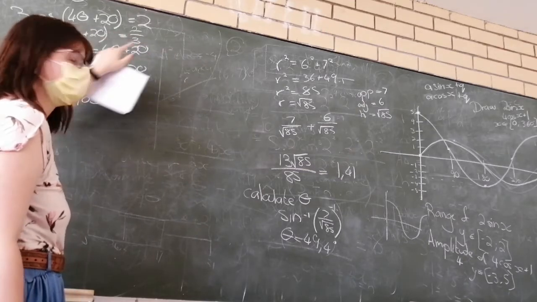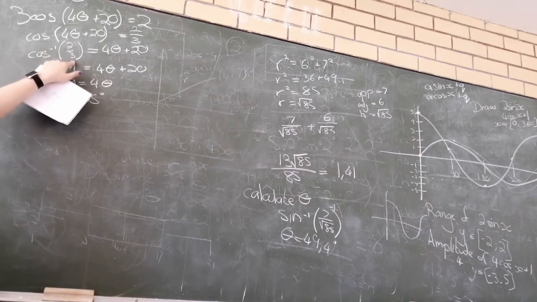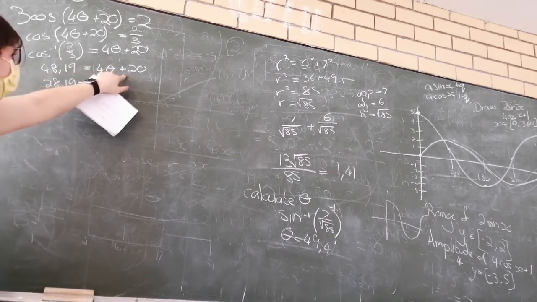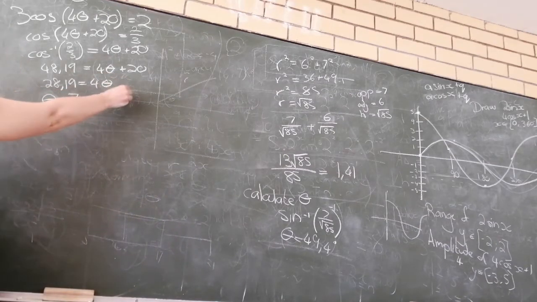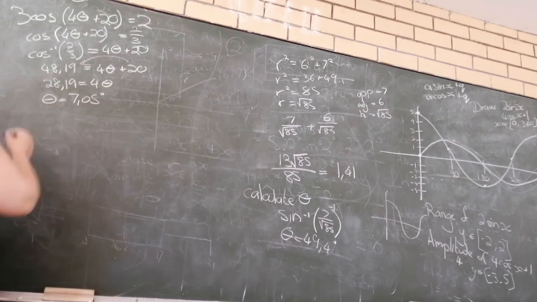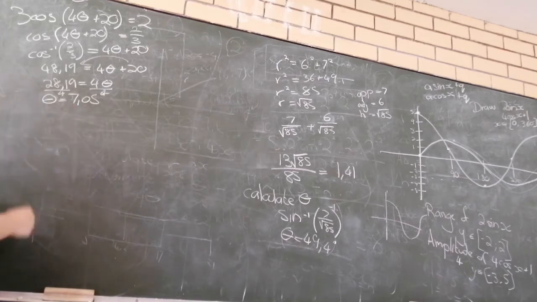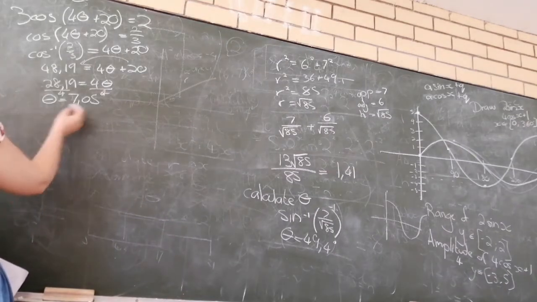From there, I work out what cos to the minus 1 of 2 over 3 is, and I get 48,19. Then I can only start working on this side. I take the 20 over, and it becomes minus 20. Then I divide both sides by 4. So I have theta is equal to 7,05 degrees.